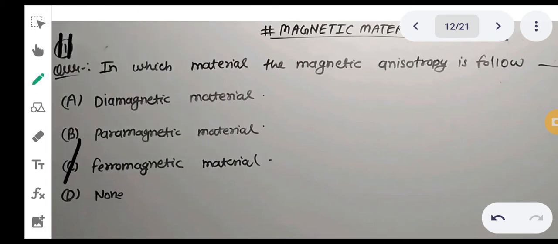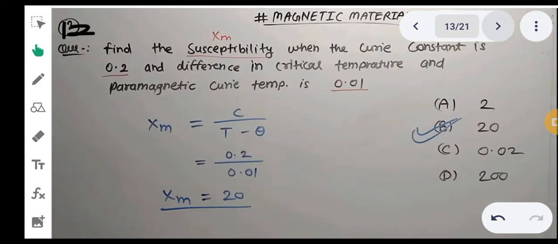Okay, the next question. Find the susceptibility when the Curie constant is 0.2 and the difference in critical temperature and paramagnetic Curie temperature is 0.01. So the relationship between the magnetic susceptibility Xm and the Curie temperature is Xm is equal to C over T minus theta.